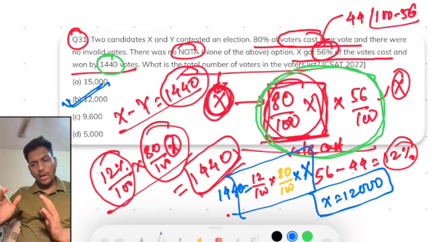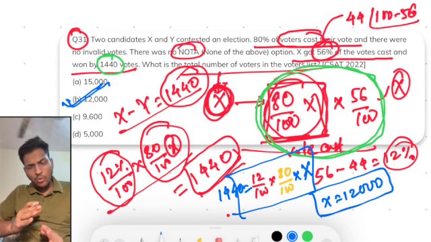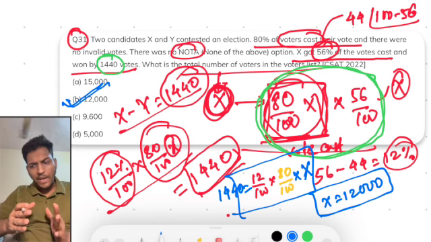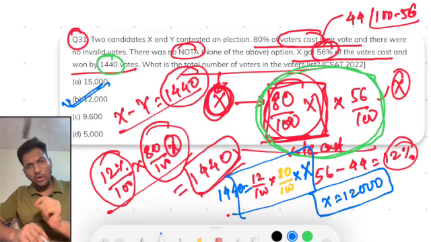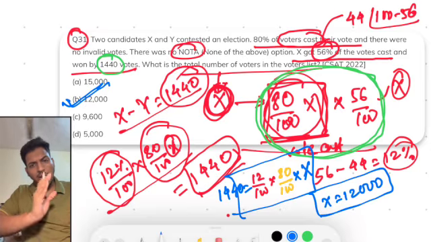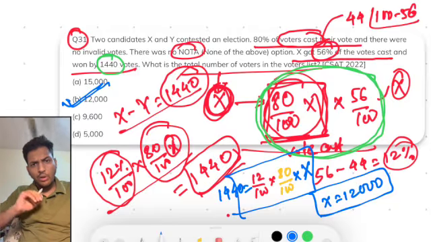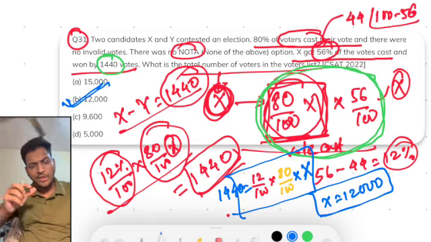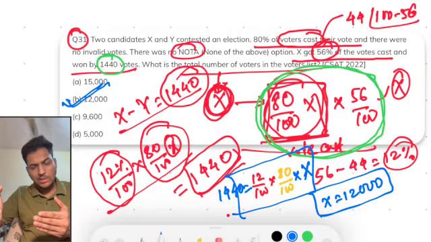So see how I have explained to you through different questions that you don't have to be in a hurry or panic, you just have to follow what they are saying. Won by 1440, what does it mean? That means X minus Y is 1440. If X got 56%, Y will get 44%, so the difference is 12%. Now 12% of what? 12% of vote cast.